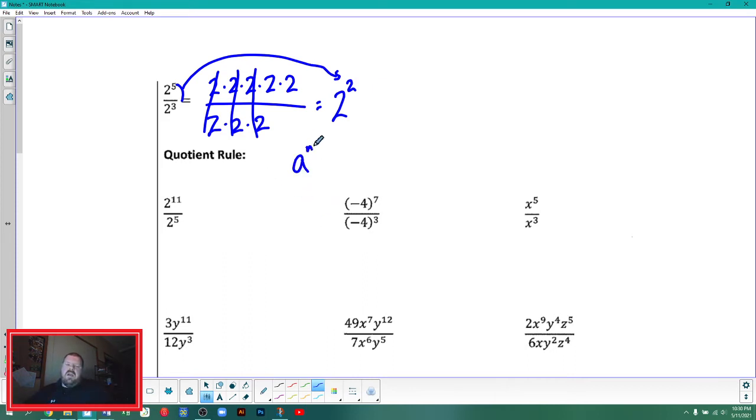If I have a or any number to some power over that same number to a different power, that would be the same as a to the m minus n.